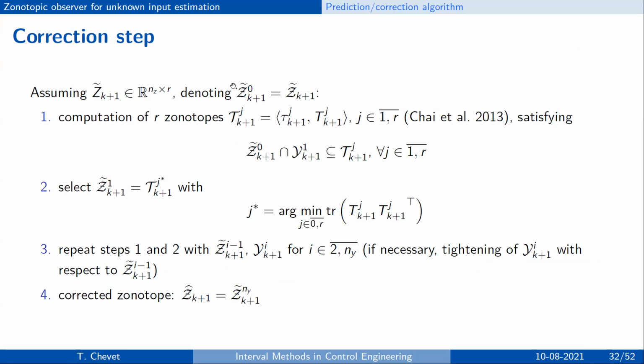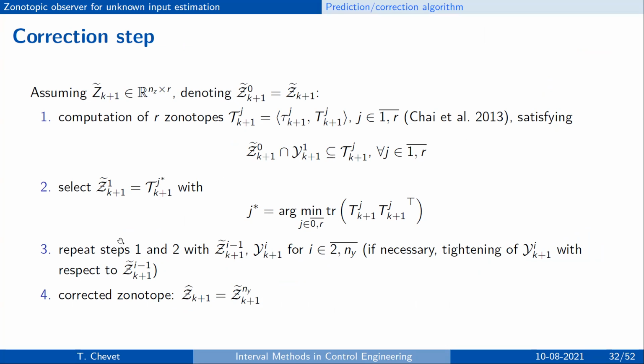Then for the correction step, we assume that we have our predicted zonotope and its generators, and we introduce this notation just for readability. We will compute, with the strategy introduced in this paper, a family of R zonotopes, so that the intersection of the predicted zonotope and the first measurement strip is contained in every zonotope in the family. And then we will select the first corrected zonotope as the one in the family minimizing the Frobenius norm of its generator matrix.